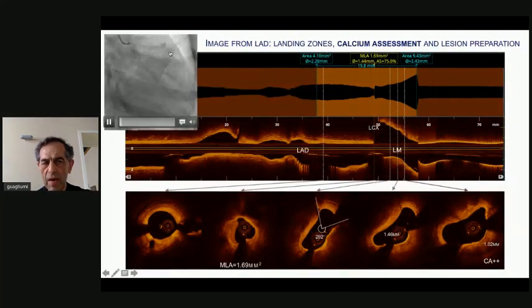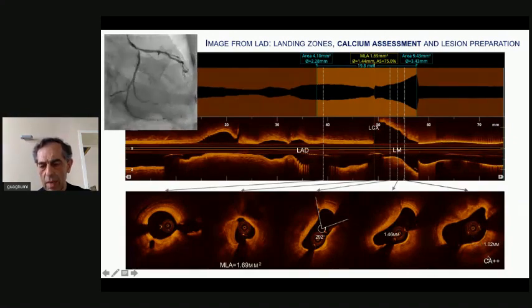So, a very calcified left main vessel. We are assessing the calcium and the lesion with pre-implantation assessment. You can see the angle, you can see the lumen, and here you can see the thickness of the calcium in addition to the length.